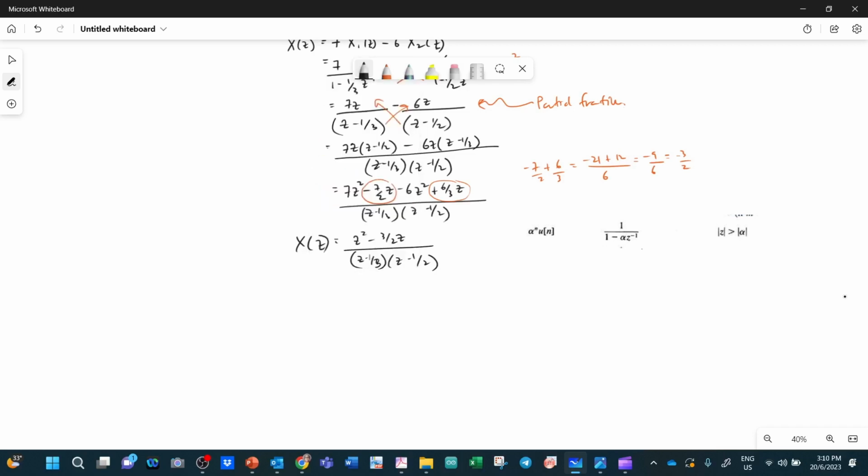So if you want to leave it in this term, you need to divide by z over z.